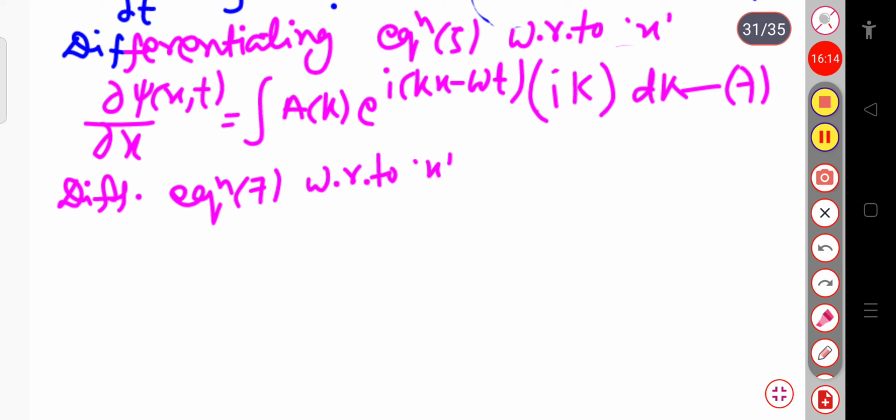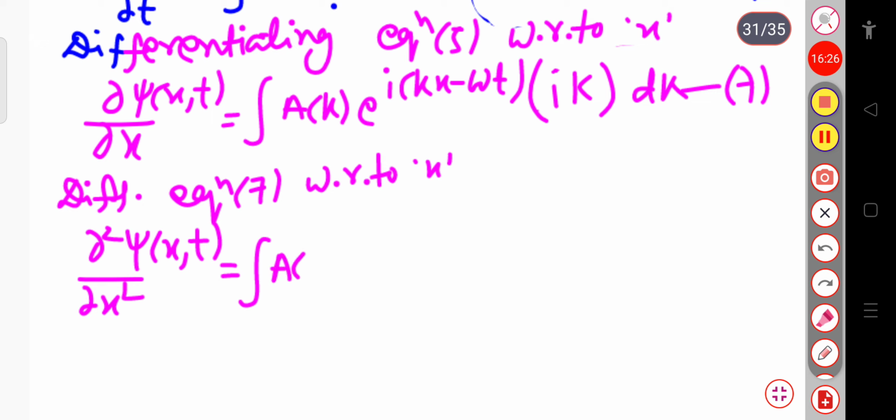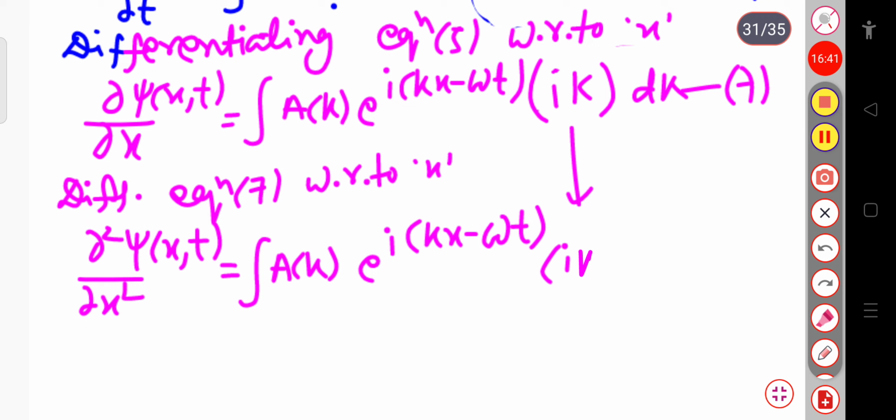Then this will be ∂²ψ(x,t)/∂x², equal to the integration over a(k). The exponential term will remain as it is first, i(kx minus ωt). Again the derivative of ikx will be ik, so ik into ik will be i²k² into dk.